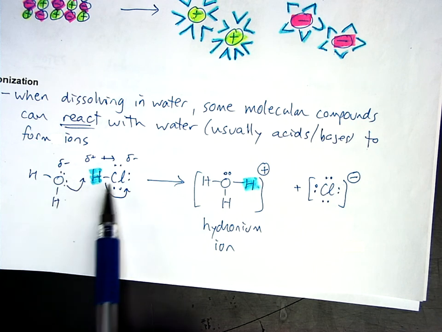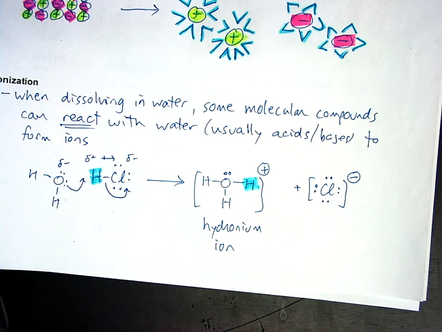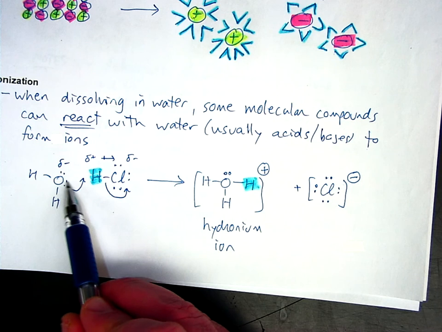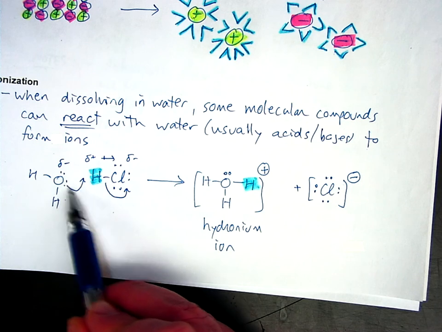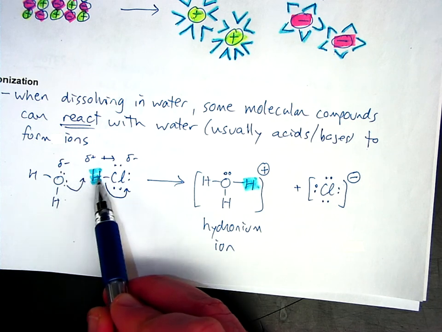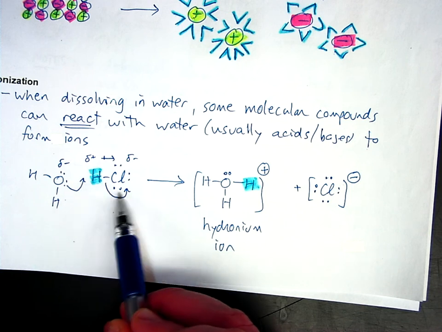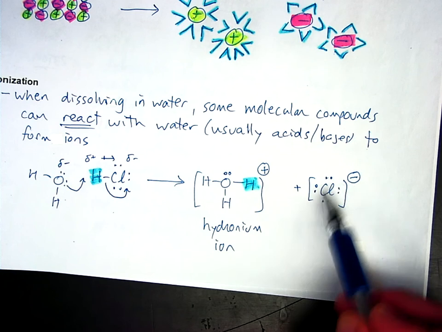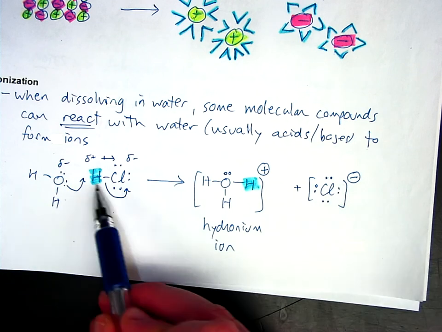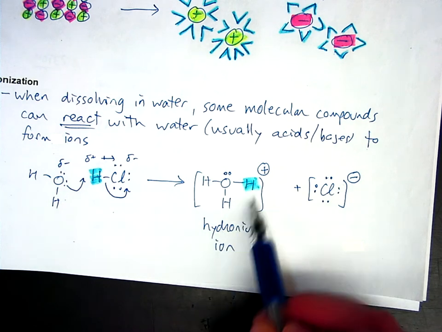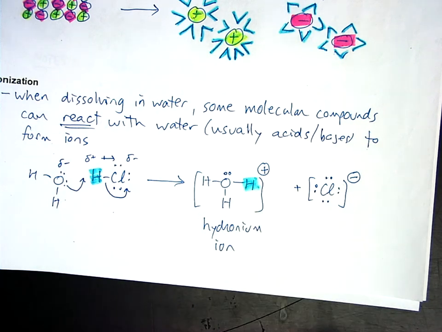It's reacting with the neutral molecule. Water's got the lone pairs, and the lone pairs are available to form a bond. Hydrogen can't have more than one bond, so it'll break its bond with chlorine. Chlorine takes on those electrons, becomes negative, and when the hydrogen's attached to the water, this whole molecule now becomes a polyatomic ion that's positively charged, called the hydronium ion.